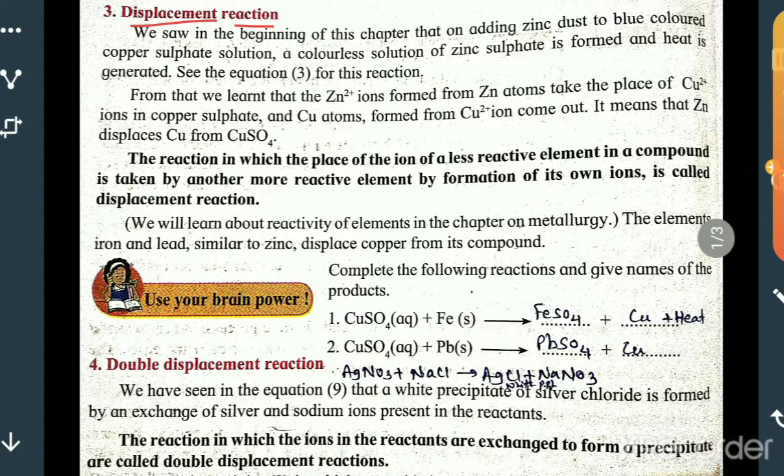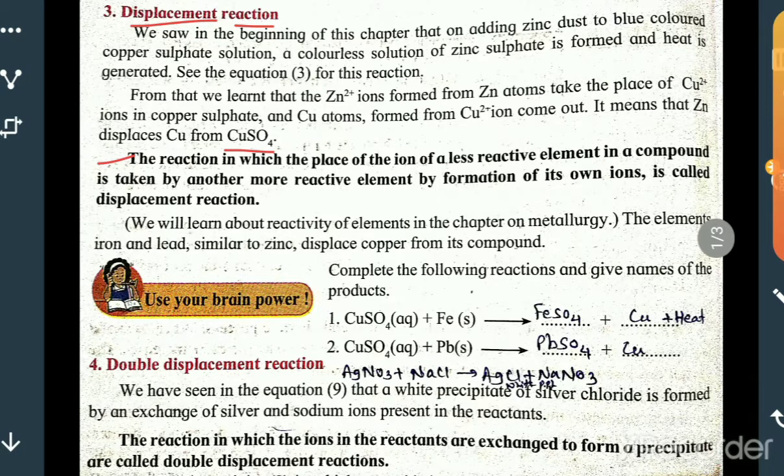So what is the definition? See here, the reaction in which the place of the ion of a less reactive element in a compound is taken by another more reactive element by formation of its own ions is called displacement reaction. In this reaction you can see that zinc is the more reactive element which displaces copper from copper sulfate solution.